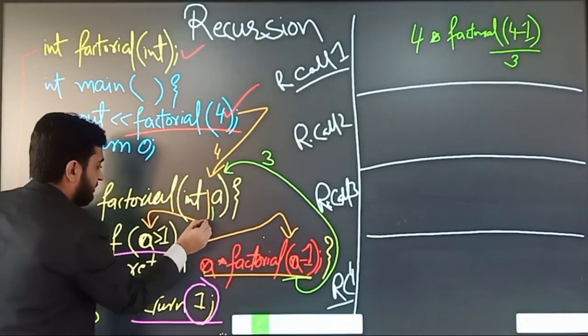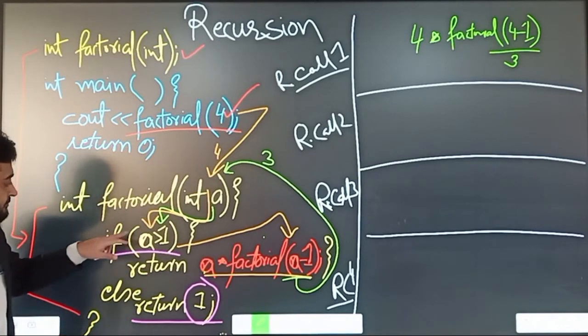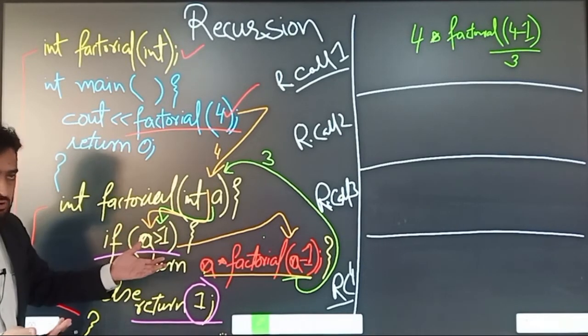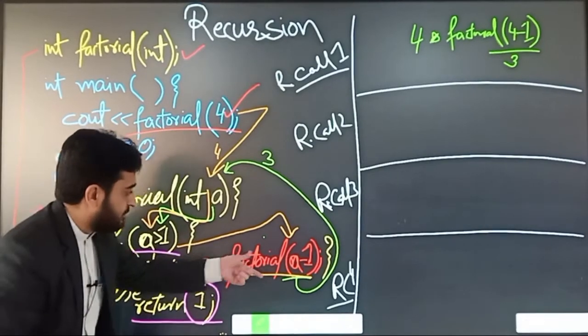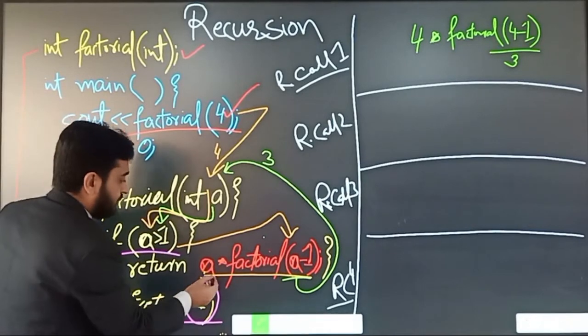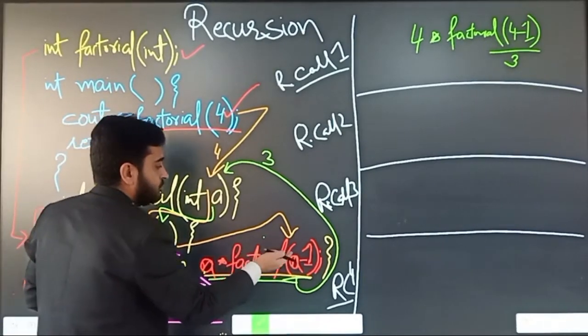Now 3 is coming through this path, and 3 is greater than 1, so the condition will become true and this statement will execute. Here you can see the formula is a multiplied by factorial of a minus 1.